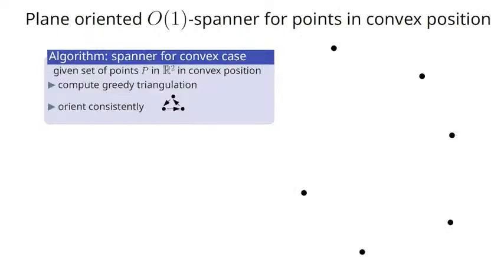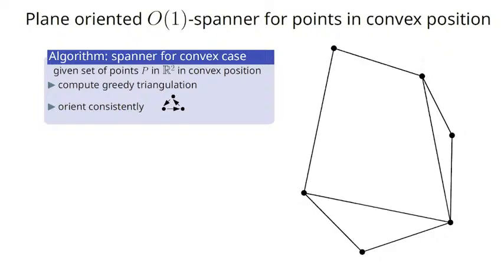Let me just run through this animation. So this is points in convex position. We construct the greedy triangulation, then orient it consistently, and this now gives a constant dilation spanner. The idea being, essentially, for an edge, I would look at the minimum perimeter triangle.